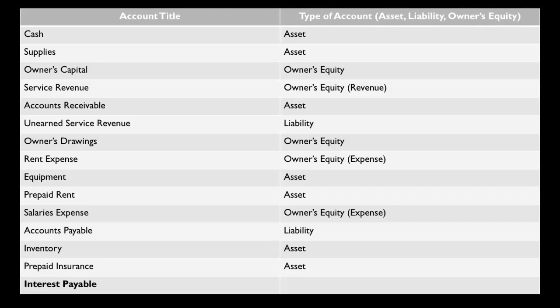And whenever we see the word payable in an account title, we're thinking liabilities. So these are just some of the accounts that you're going to see in your class. And it's very important to know whether these accounts are assets, liabilities, or fall under the owner's equity section.